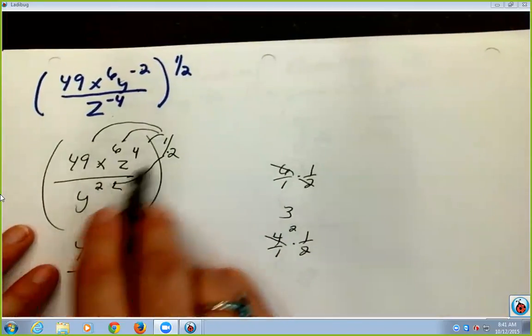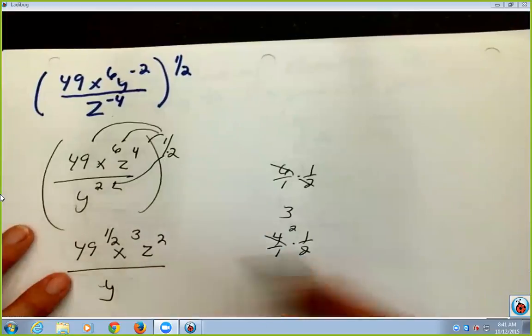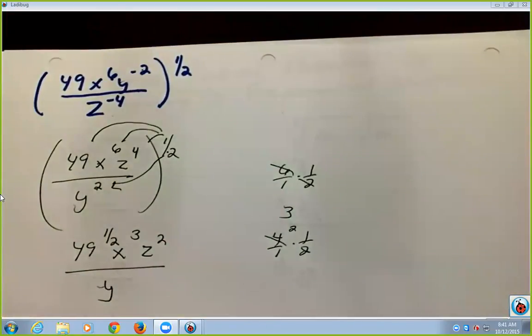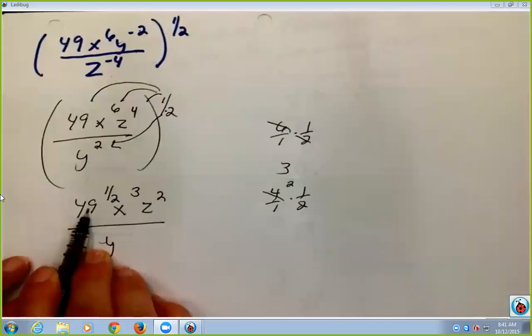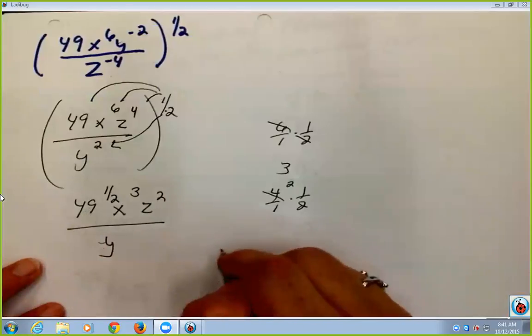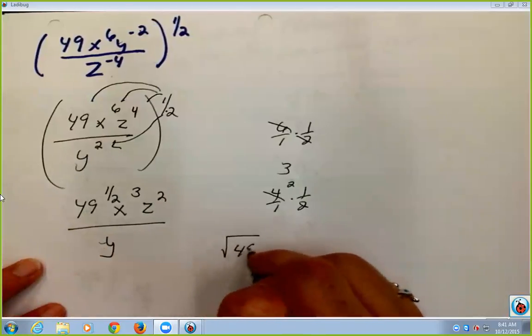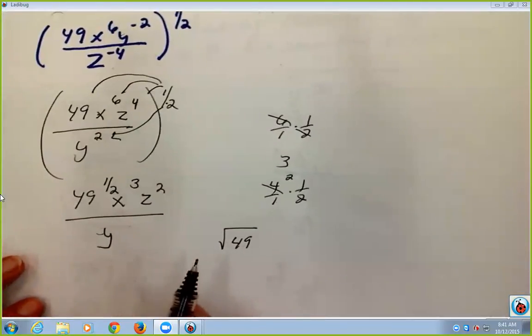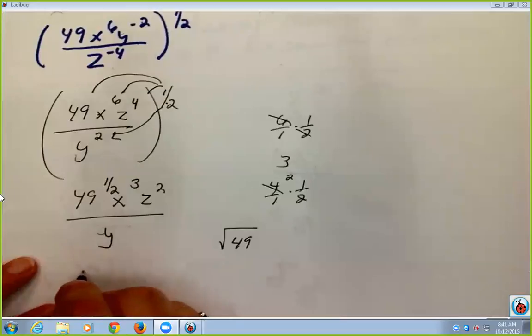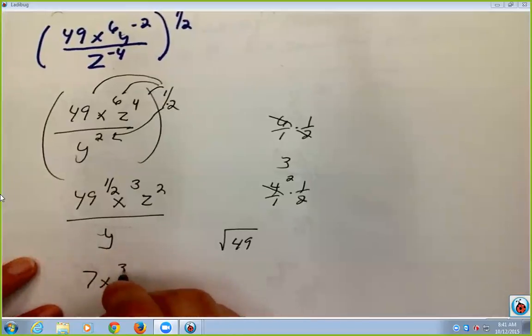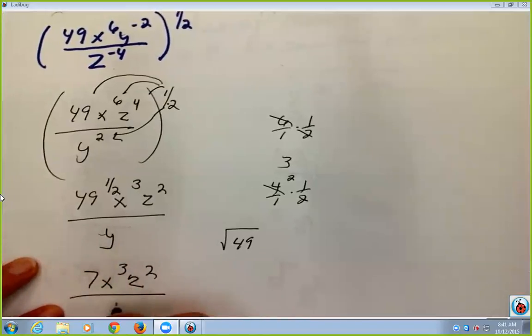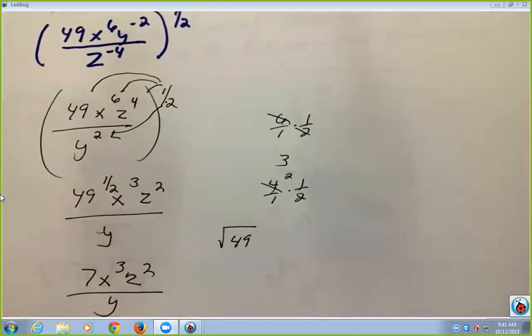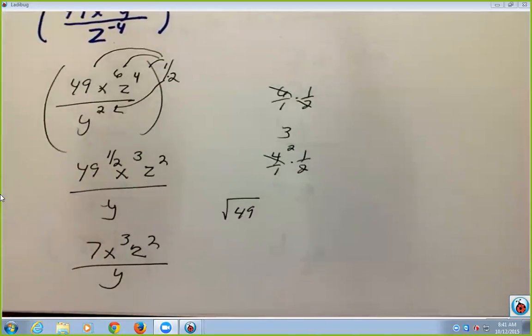Finally, 2 times 1/2 is really 1, so I get plain old y. But then I need to take the half of the 49. So what is the square root of 49? Square root of 49 is 7. X to the 3rd, z to the 2nd, all over y would be my final answer to this one.